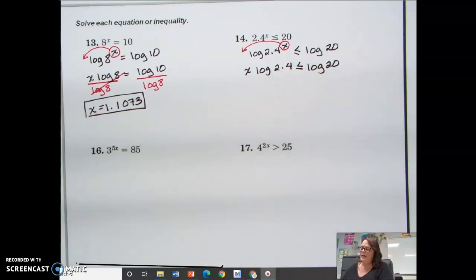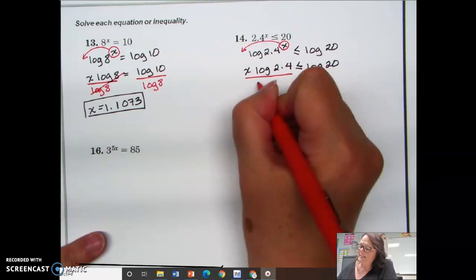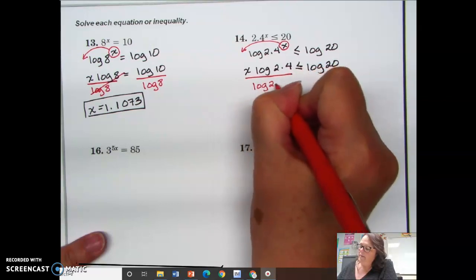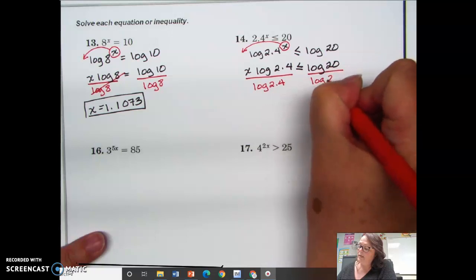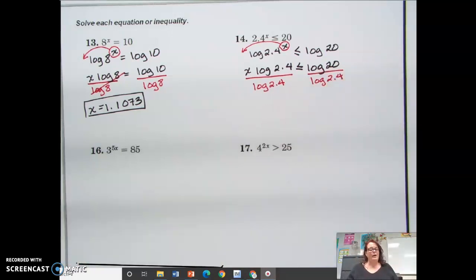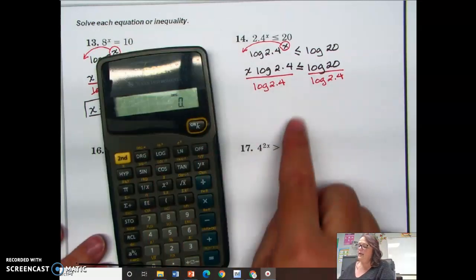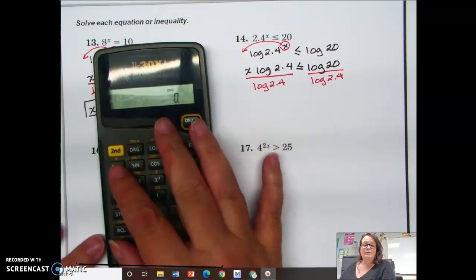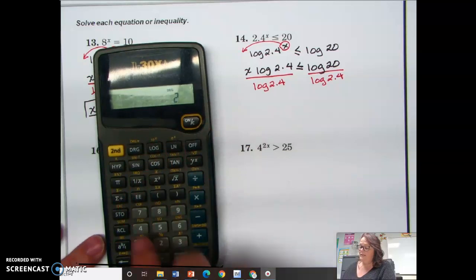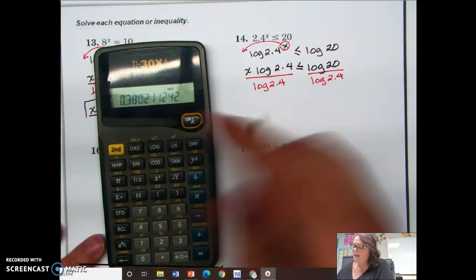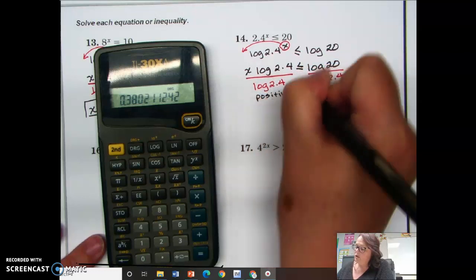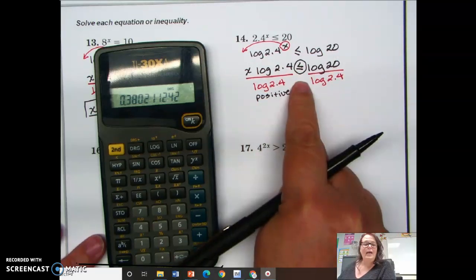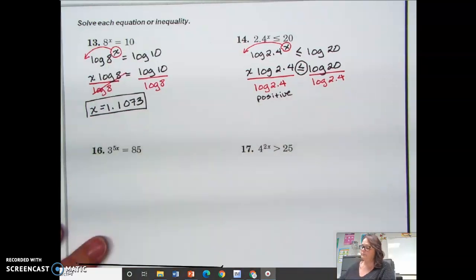And then if I divide by the log of 2.4, I need to know, am I dividing by a positive or a negative number? Because if I'm dividing by a positive number, I leave the inequality the same. If I divide by a negative number, then I've got to flip the inequality. So if I take the log of 2.4, I get a positive number. So that means I leave this the same and I don't change it.